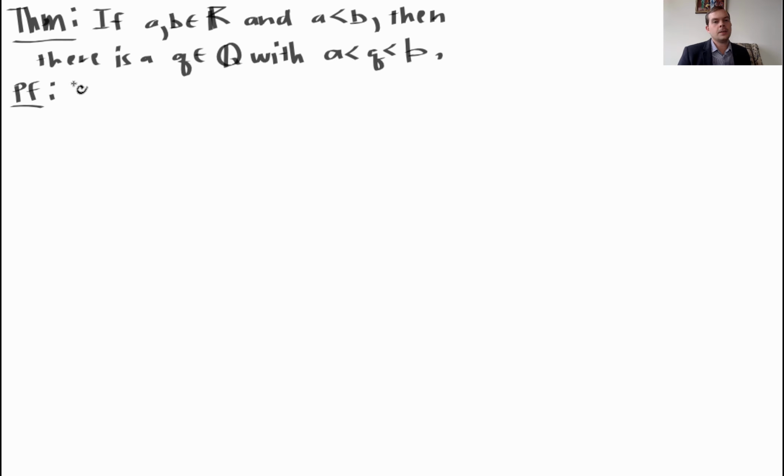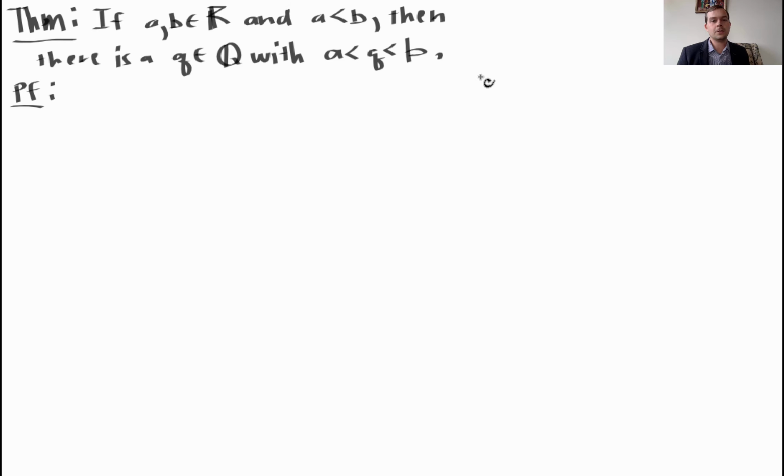So the last result that we really want to prove is the fact that if a and b are real numbers and a is less than b, so I can form an interval a to b, then there is a q, which is a rational number, that is strictly in between a and b.